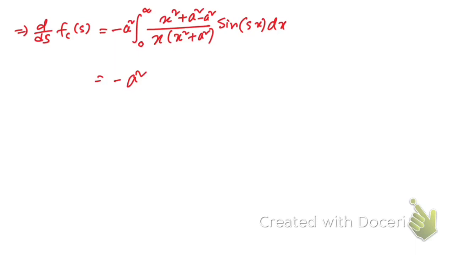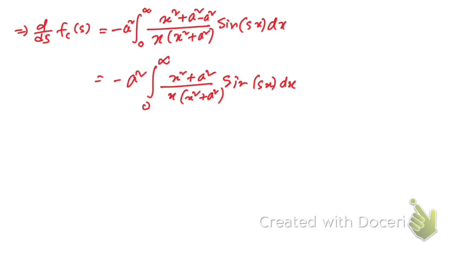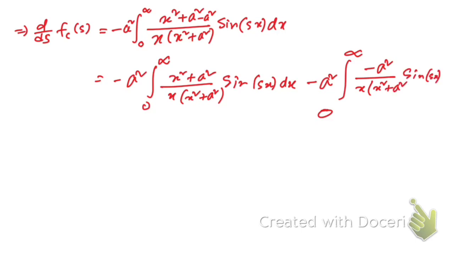Minus a square, integration from 0 to infinity, then we're gonna have x square plus a square by x into x square plus a square sine sx dx, then minus again a square, then we have 0 to infinity 1 by minus a square x into x square plus a square sine sx dx.